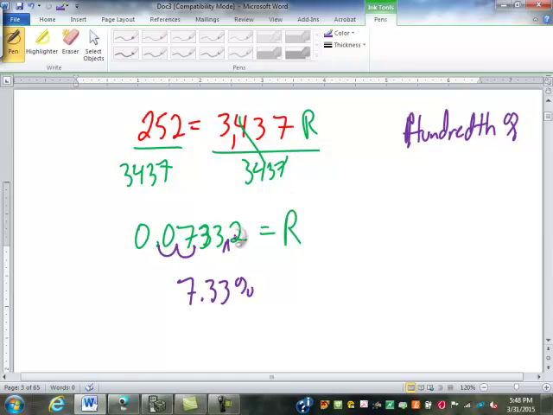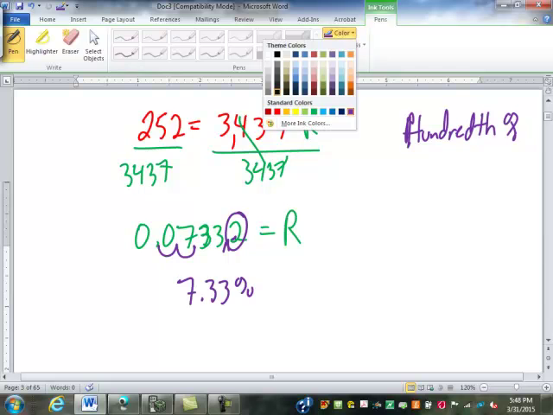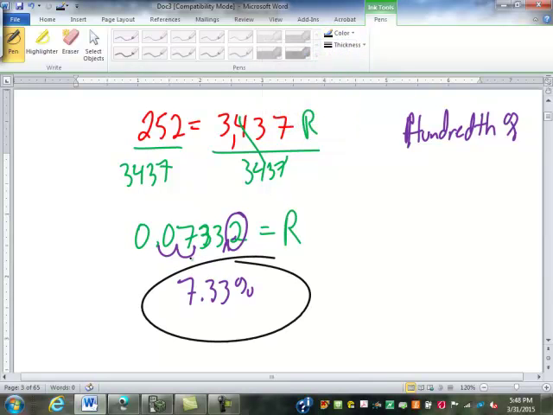Rounding it there, the 2 is less than 5. I got a 9. Punch something wrong? Oh, okay, yeah, because it was 0.073319. Then the 9 tells you to round the 1 up to 2. Put the 9 in the wrong spot. Okay. There you go. That's the effective rate.